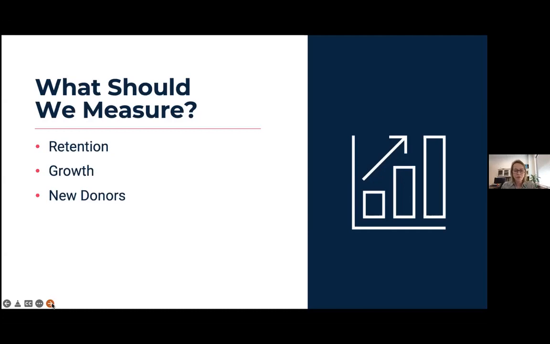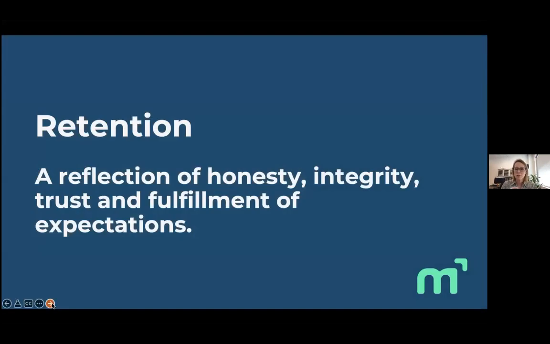Donors are very prone to give to organizations multiple times if they feel valued, if they feel that their money is being used wisely, and if they really believe in the mission and the impact that they can make. So retention is a reflection of honesty, integrity, and trust from the organization to the donor, and simply a fulfillment of their expectations, which might be very small.